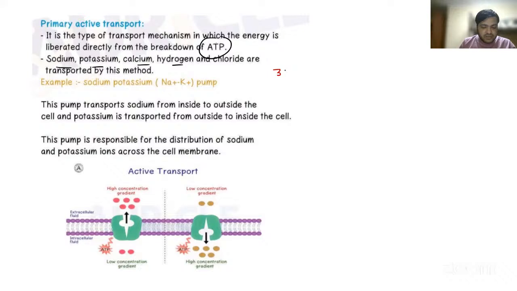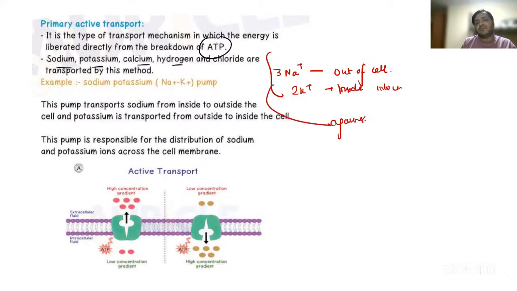From your physiology knowledge, it moves three sodium out of the cell and two potassium into the cell, and that too against the concentration gradient, right? By the hydrolysis of ATP, this energy is required just to move three sodium out of the cell and two potassium inside the cell, right?